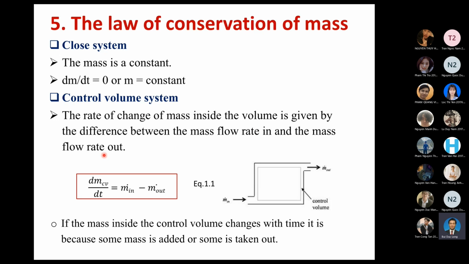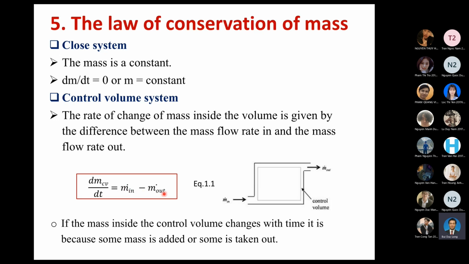So the change is due to the difference between mass flow in and mass flow out. We can write the equation dm_cv/dt equals m dot in minus m dot out.